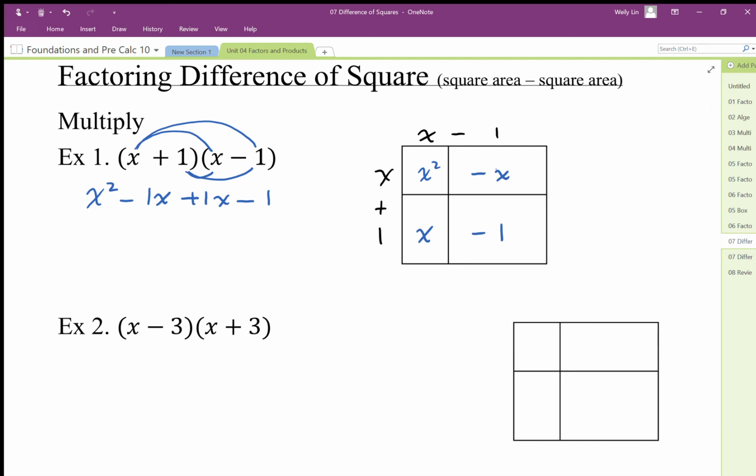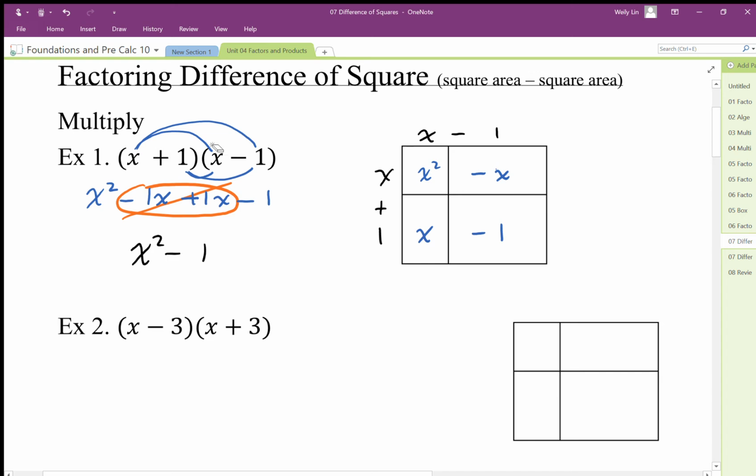An interesting thing happens here in that we end up with these opposite terms. The like terms that we usually add in the middle cancel out. These are 0 pairs, so I'm going to cancel those out, and I end up with x squared minus 1.